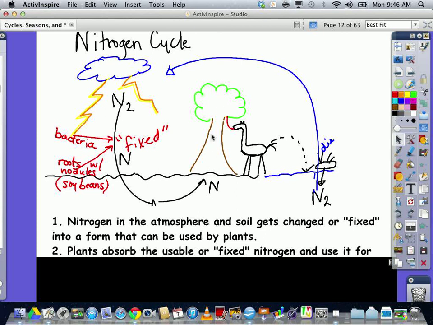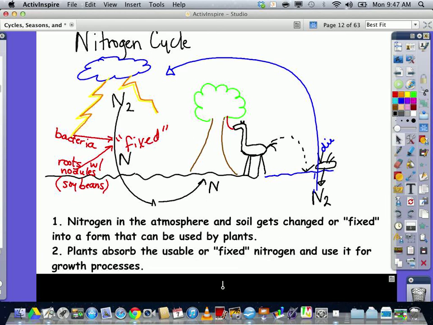It doesn't have to just be trees like our picture showing here. It could be corn plants or flowering plants or tomato plants or trees, of course. Any kind of plant that can now absorb that nitrogen or bring that nitrogen in through its root system and use it for growth processes.